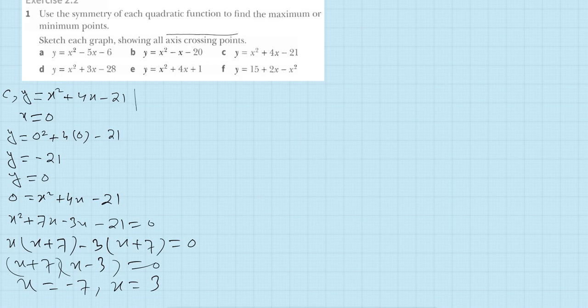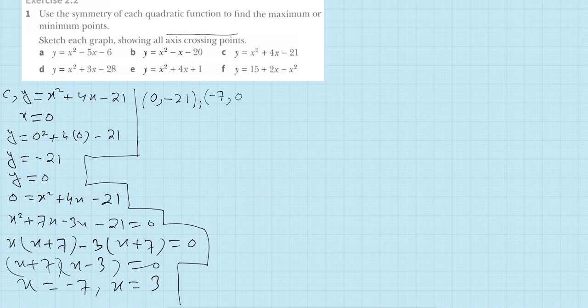Now write down all axis crossing points. So the first point we have found, when x is 0, y is minus 21. When x is minus 7, y is 0.